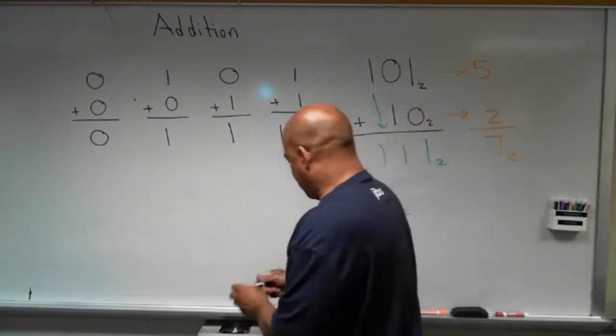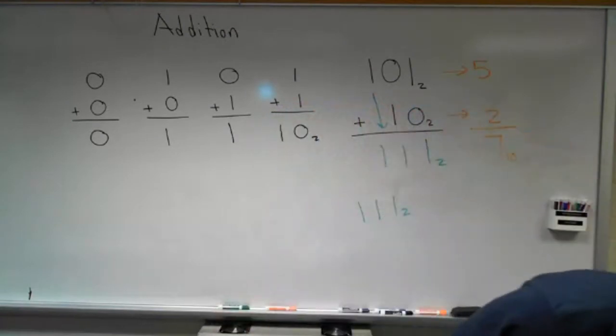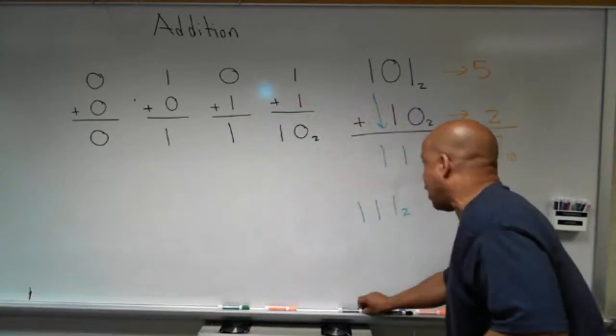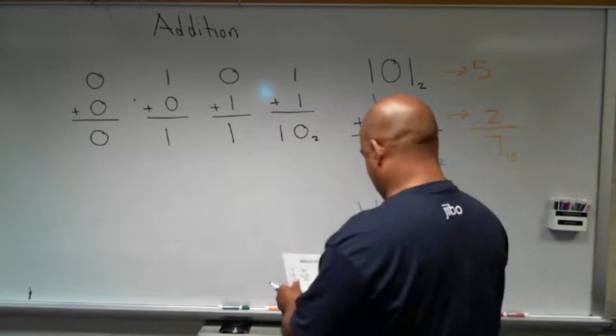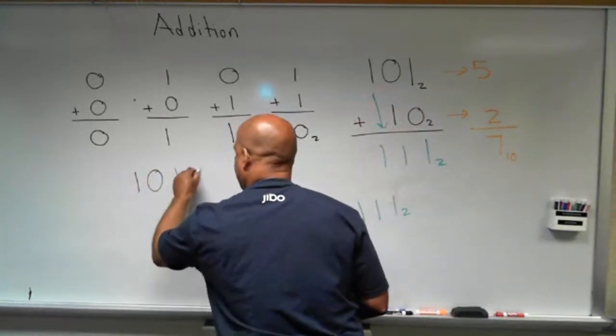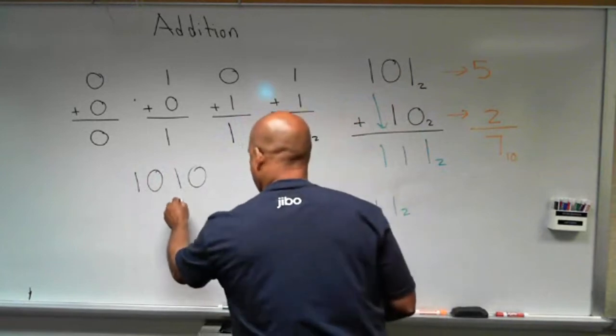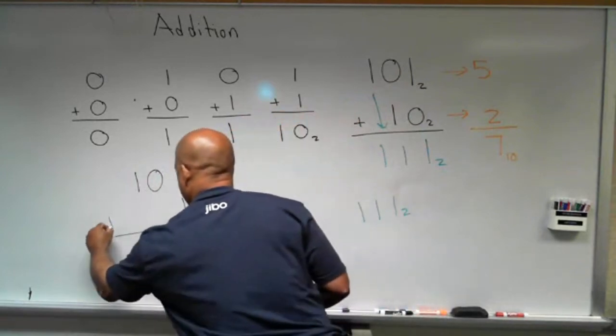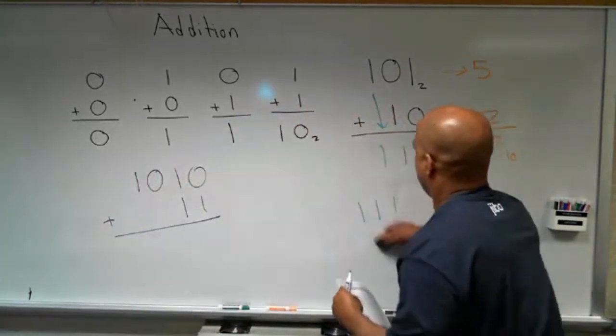So I'm going to put a couple problems on the board, and you guys just go ahead and do them all, and then we'll talk about them one by one. So the first one is a 1, 0, 1, 0. I'm going to add to it a 1, 1. So do that one.